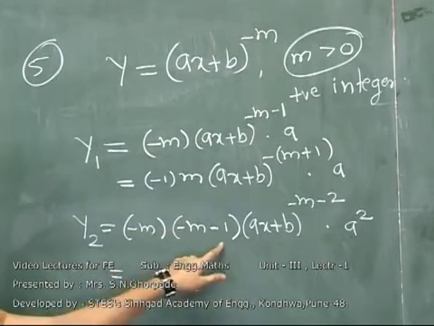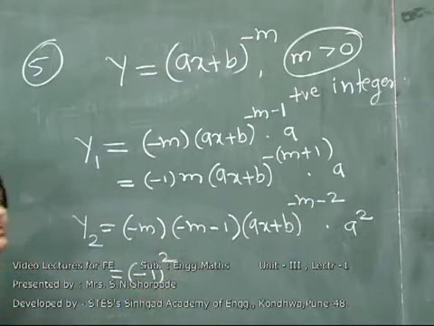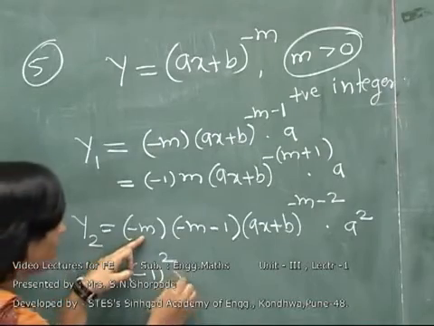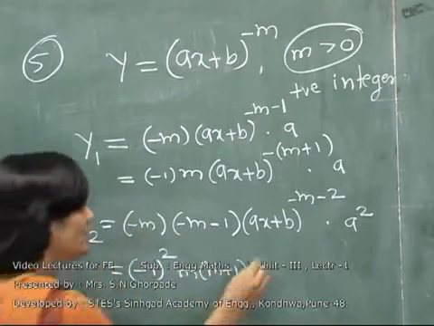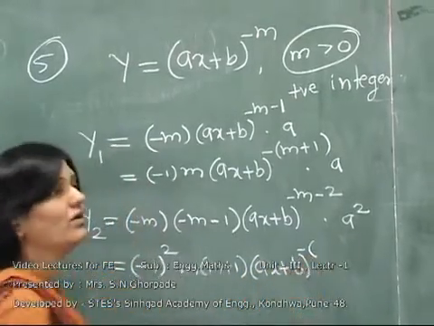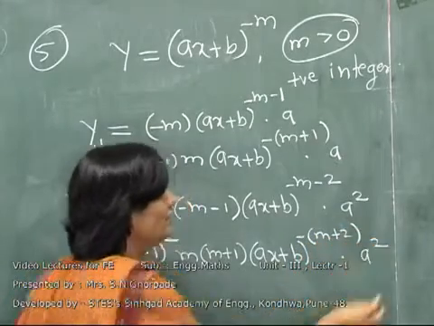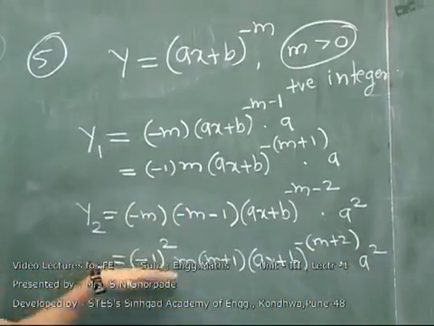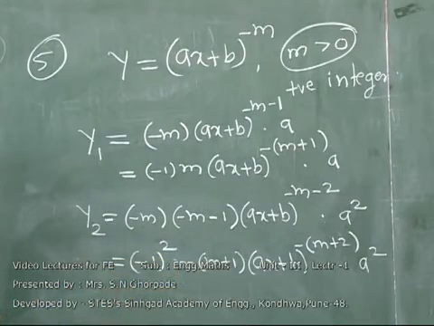We are taking minus 1 common 2 times, so minus 1 square. What will remain here? M plus 1. Now take the negative sign common from the power. We will have m plus 2 into a square. This is our y2. Can you write yn from this?